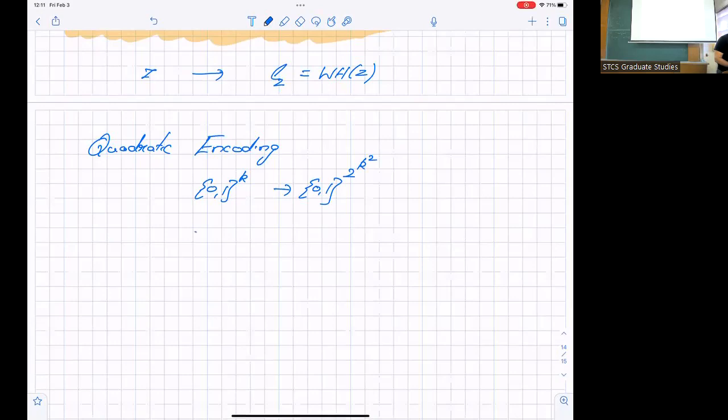I'm going to map Z, and you give me any matrix M in 0,1 to the k squared, and I will give you Z transpose M.